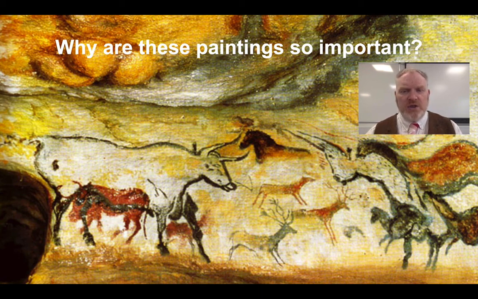Was it art to brag about their hunting triumphs? Was it a way just of responding to the world as they perceived it around them? What was important to them? Who knows? But the fact that they were able to do that, the fact that they were able to communicate in such a way, I think is fascinating.